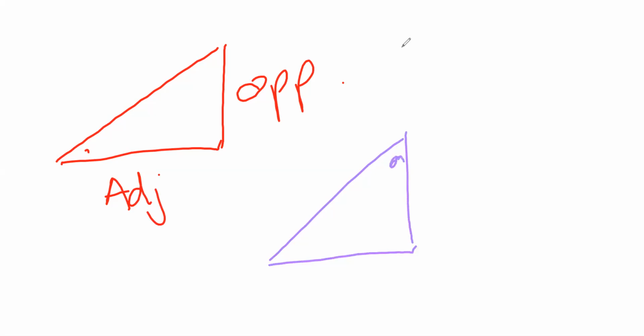So when you've got your triangle, if you're talking about this angle, that's opposite and this is adjacent. But if you're talking about this angle here, this is opposite and that is adjacent. Assuming they're both right-angled triangles, then these are the hypotenuse for both.